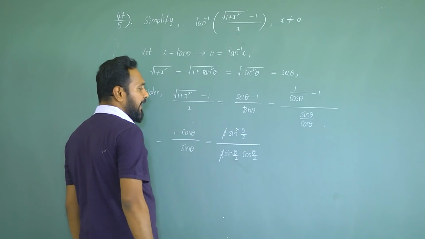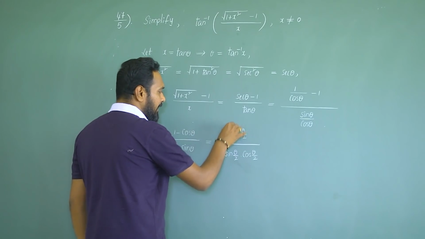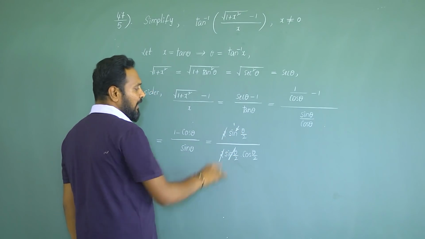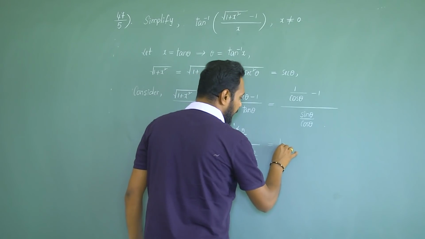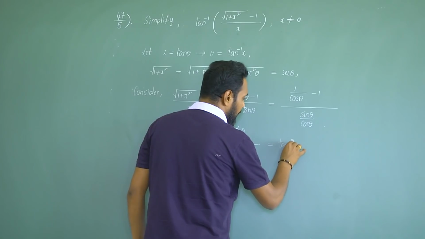If I cancel the 2 and one sin term, sin theta by 2 by cos theta by 2 will remain, which is tan theta by 2.